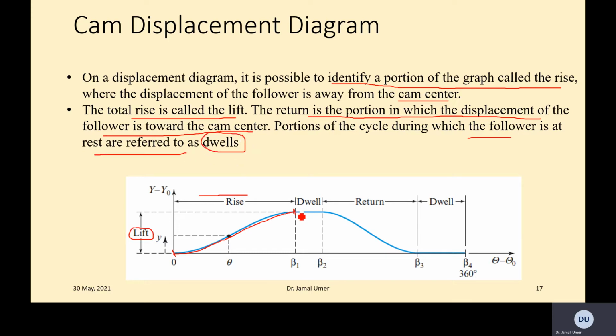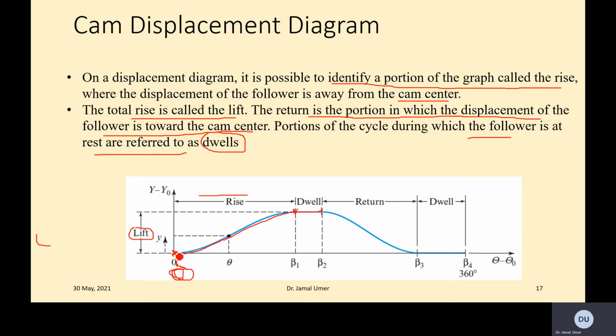This is the point where the follower is not moving. It reaches that maximum position, and the cam is continuously rotating. For example, we start from here and the cam rotates. You have a circular cam, then the profile, and the follower is over there.